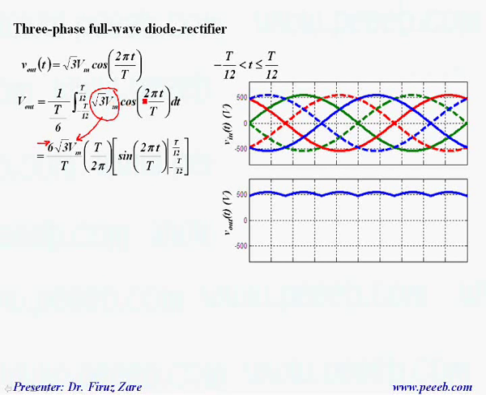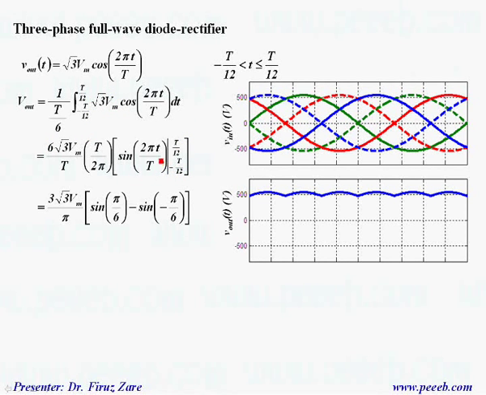Again, the integral of cosine 2 pi t over T is T over 2 pi sine 2 pi t over T. The upper limit is T over 12. The lower limit is minus T over 12.